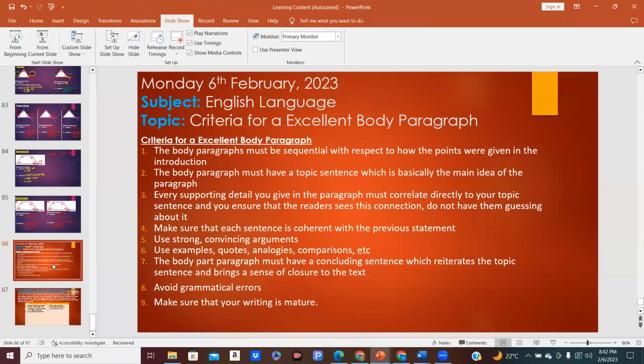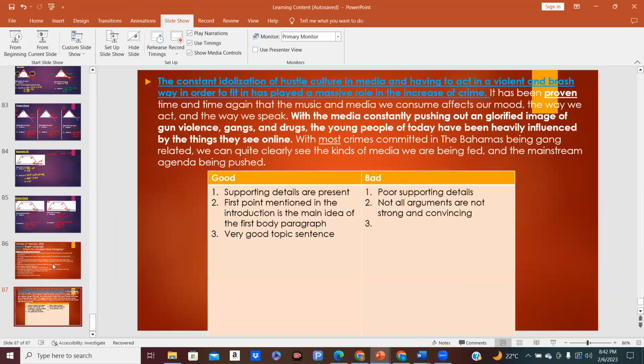What else do we have? I like that she's coherent. She stays on track. Her writing is coherent in the sense that she stays on track, because she stays on talking about the glorification of guns and violence.